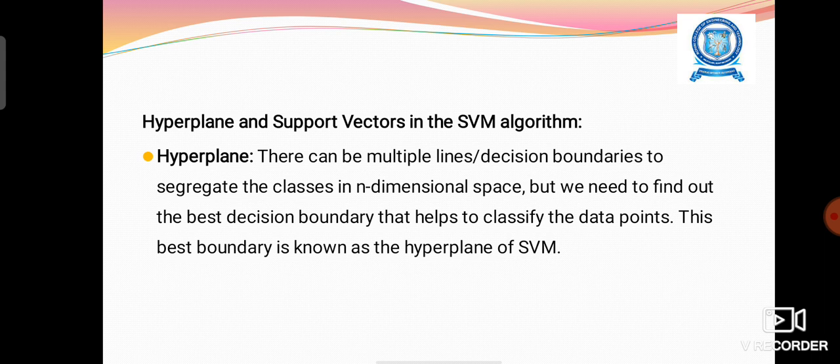We have already seen the term hyperplane. There can be multiple lines or decision boundaries to segregate the classes in n-dimensional space, but we need to find the best decision boundary that helps to classify the data points. This best boundary is called the hyperplane of SVM.